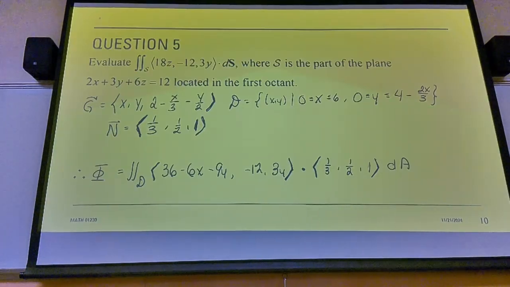Negative would mean you have more flow net into the surface than coming out of it. Zero would mean they cancel out. You have equal flow in and out, which is desirable in most cases. That would be zero flux. The amount of field flowing into the surface is the same as the amount that's coming out of the surface. That's really ideal.